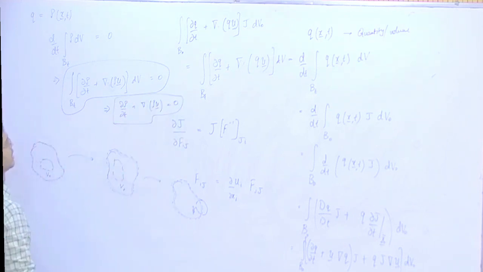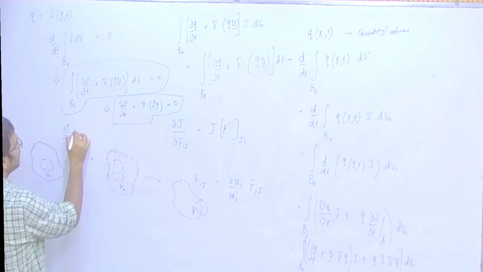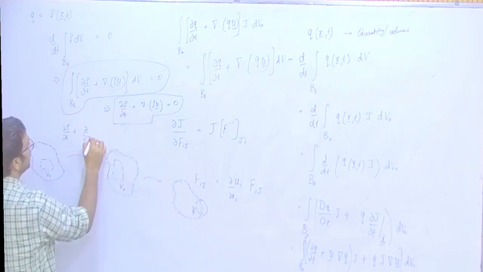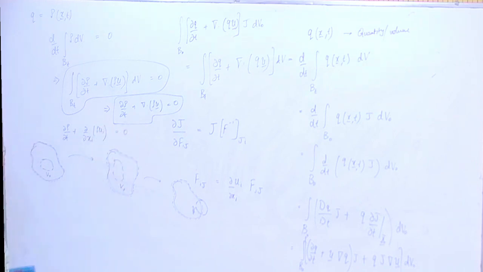In the index notation, I can write this as ∂ρ/∂t plus divergence of ρu, so ∂/∂xi (ρ ui) equals 0. This is the index notation form of this equation. Of course, this holds in Cartesian coordinates.